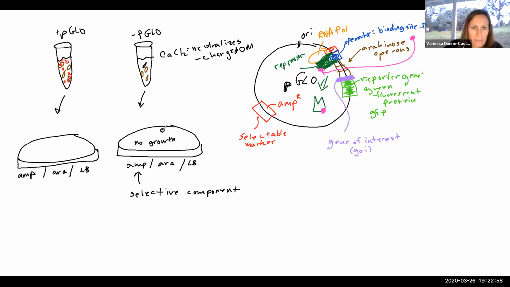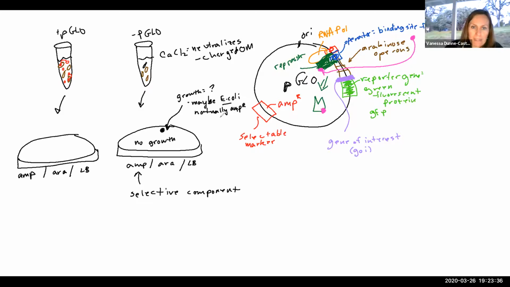Now, however, what would be the meaning of a colony that grew on our negative pGLO plate? What would that actually tell you? Growth indicates what? What do you think? If you actually had growth on this negative pGLO plate, what would that mean? Yeah, so somehow that means maybe E. coli is naturally ampicillin resistant.